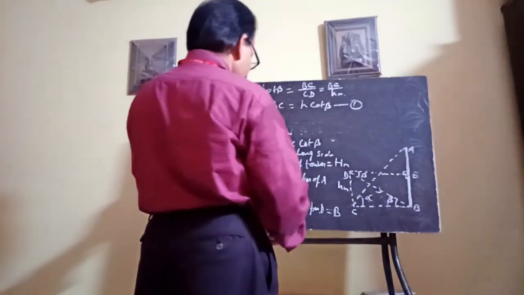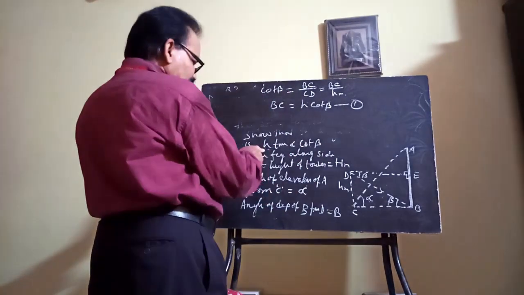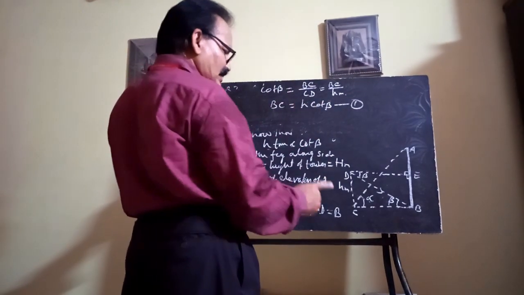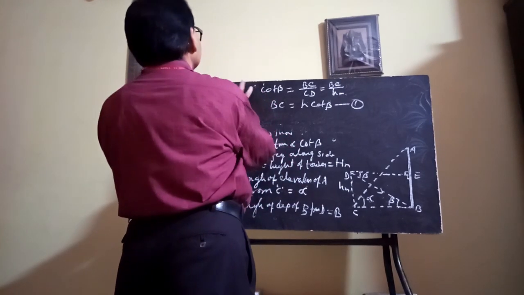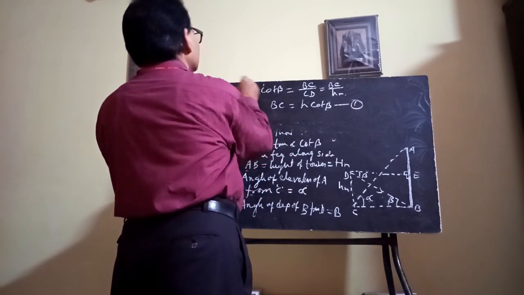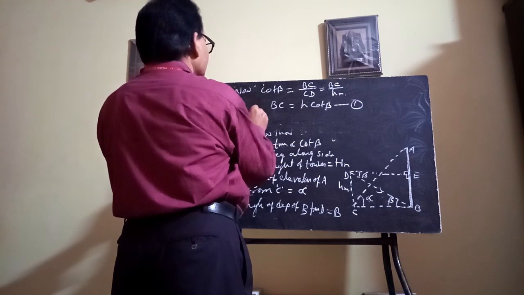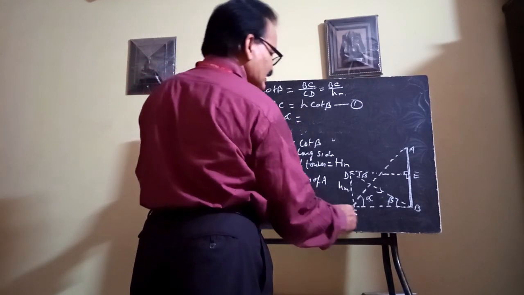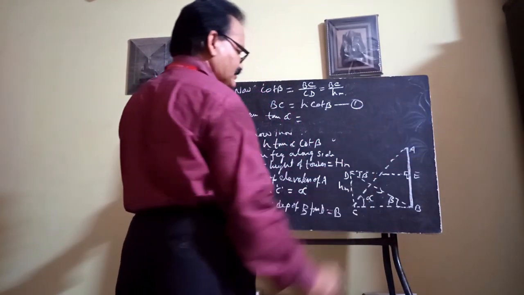Now for tan alpha, you have to find out the tan alpha. Again, you have to consider the triangle ABC.